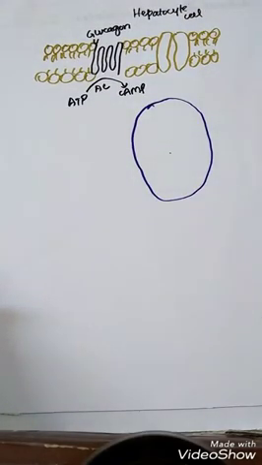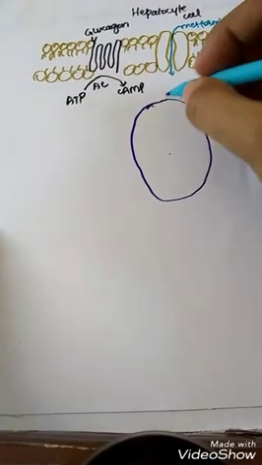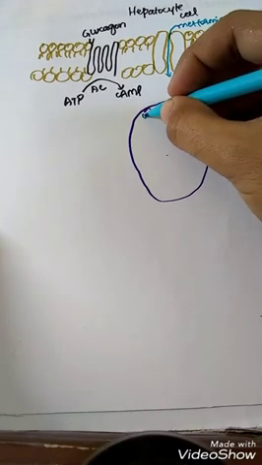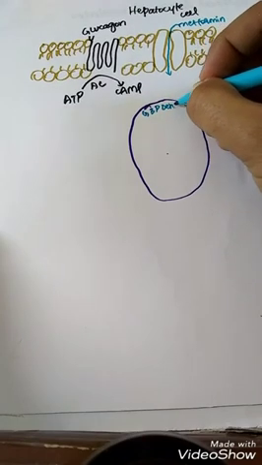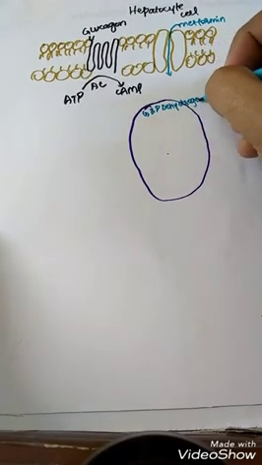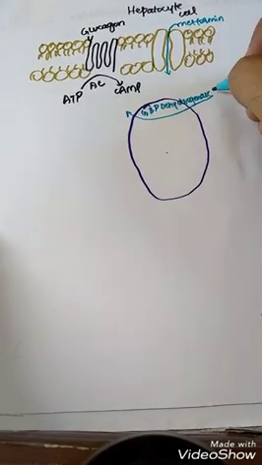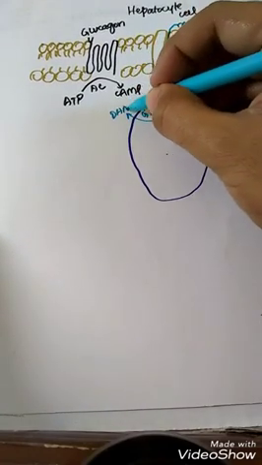Now what happened? We give our drug metformin. Metformin comes through the channel protein and inhibits the enzyme which is located in the inner mitochondrial membrane. The name of the enzyme is glycerol 3-phosphate dehydrogenase, which converts glycerol 3-phosphate to DHAP, and DHAP goes to glucose.